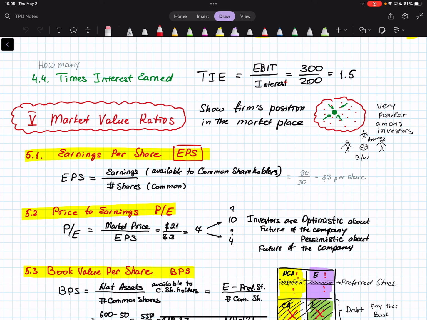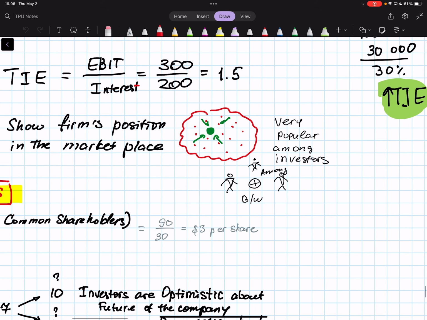In other words, it shows whether we have a good or bad position in the market. These ratios help potential investors as well as current investors to make decisions about what they will do with companies' stocks. So we said that these ratios are very popular among investors.